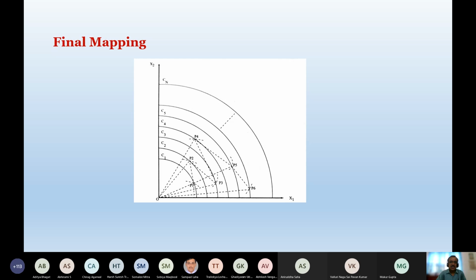Now starting from here, with respect to the origin, I can find out the Euclidean distances of the closest connecting weight and the second closest connecting weight. I can also find out the Euclidean distance between the first closest and the second closest connecting weight.